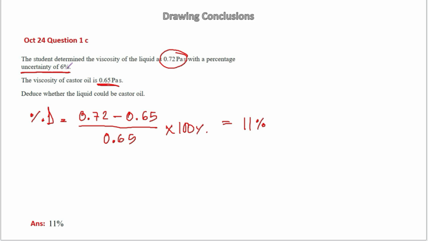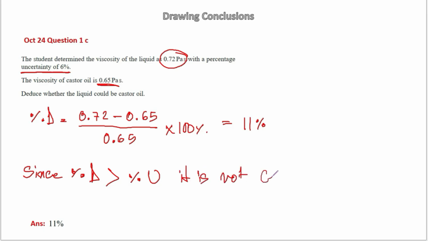But here, since percentage difference is greater than percentage uncertainty, it is not castor oil. I repeat, always remember for acceptability, suitability type of questions like this, always compare percentage difference with percentage uncertainty. And for the value to be suitable, acceptable, or valid, the percentage difference has to be smaller than percentage uncertainty.